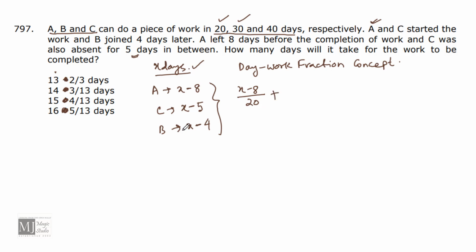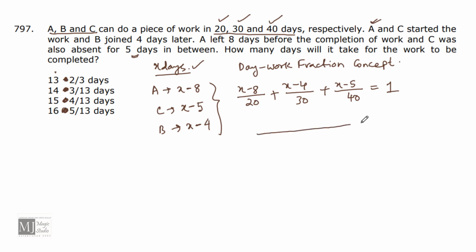The fraction of work done by B in X minus 4 days is X minus 4 by 30. C can complete it in 40 days and C works for X minus 5 days. The work done by C is X minus 5 by 40. And hence the total work done in fraction is always 1. If we solve this, we can very easily find the value of X.